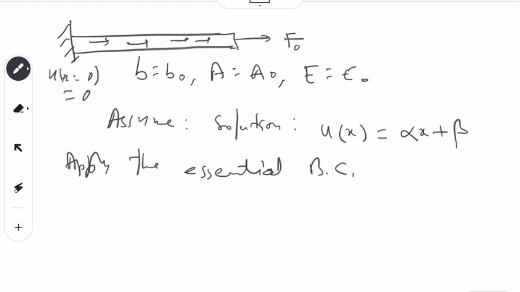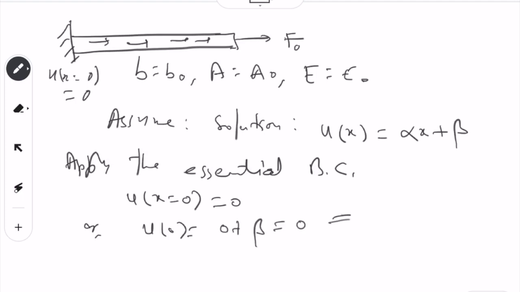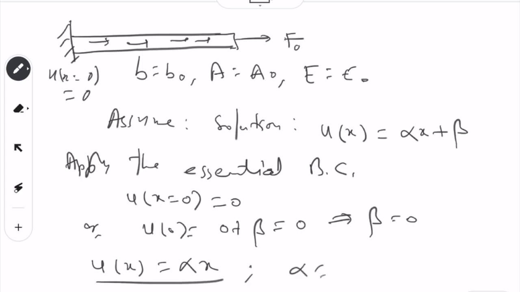We get u at 0 equal to 0 plus beta equal to 0, hence beta equal to 0. So our solution is u x equal to alpha x. Only thing is we don't know what alpha is, and then we are going to solve for it.